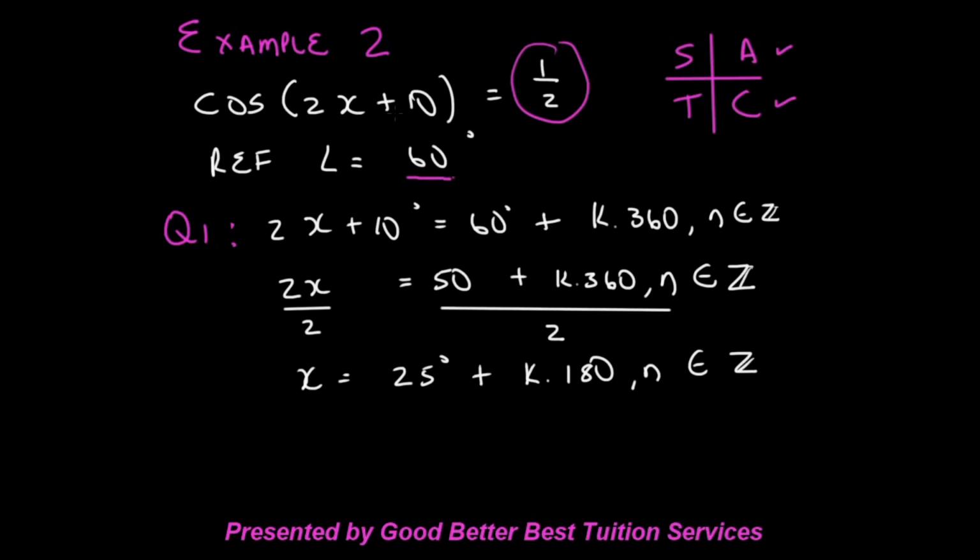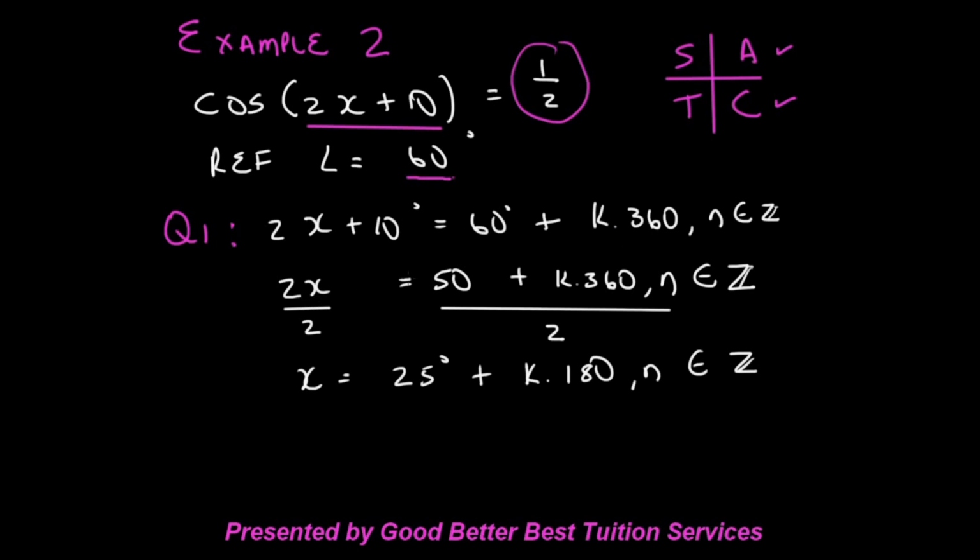Now, this equation is a little bit different in that we have the 2x plus 10. What do we do with that? We are going to solve for this using our reference angle. We say 2x plus 10 is equal to 60, and there's our k360.